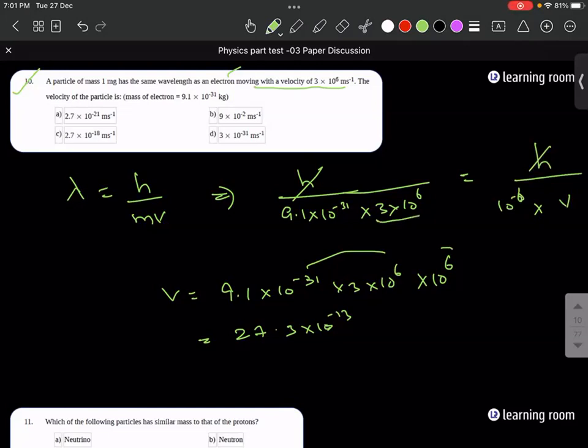This will go to that side as 10 power 6 only. 31 minus 12 is how much? Oh, 19. Sorry, my mistake. So it is 2.73 into 10 power minus 18 meter per second.